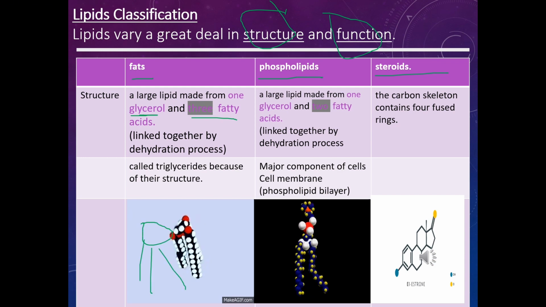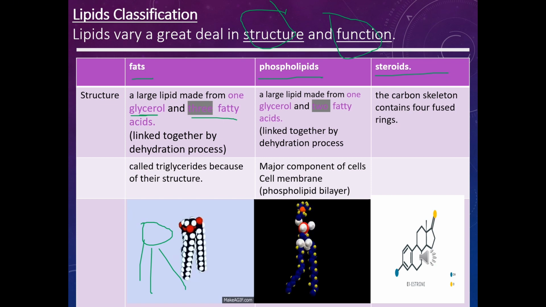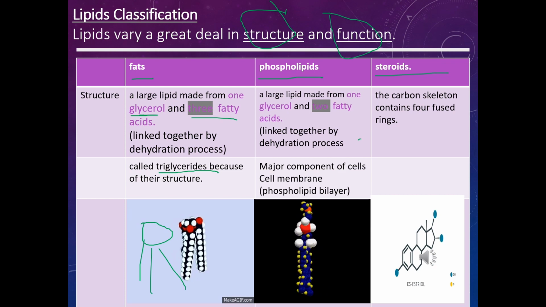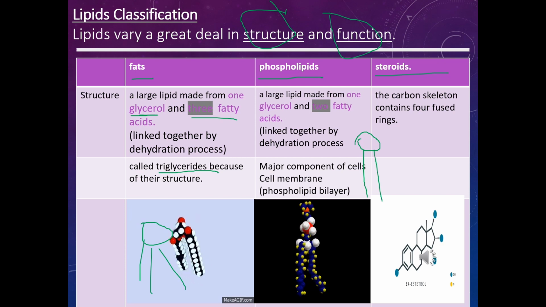And it's called a triglyceride because of this structure, because of the three tails. So tri means three. For the phospholipids, it's so close, and we just talked about that one, that it has only two tails. So one glycerol and two fatty acids, two tails.